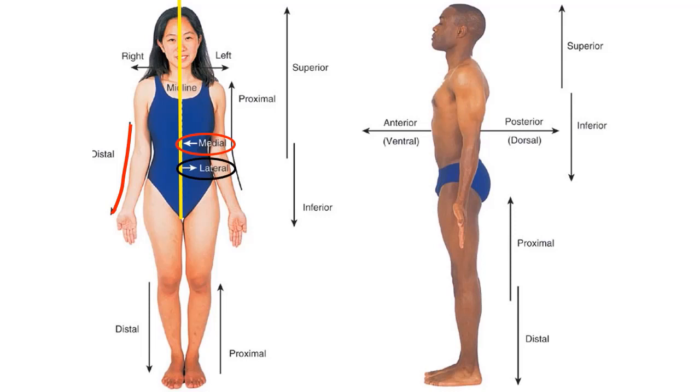Anything away from the midline is called lateral. So in reference to the midline, the nearer one is medial, and the further away from the midline is lateral.